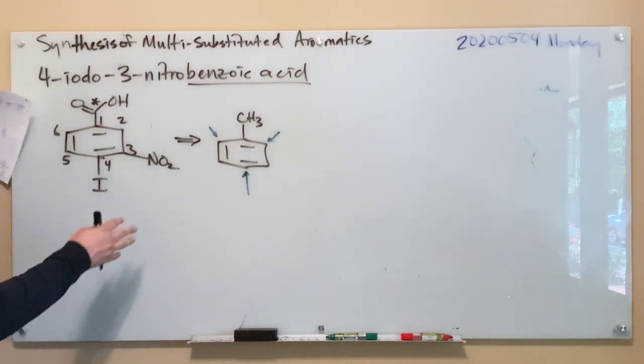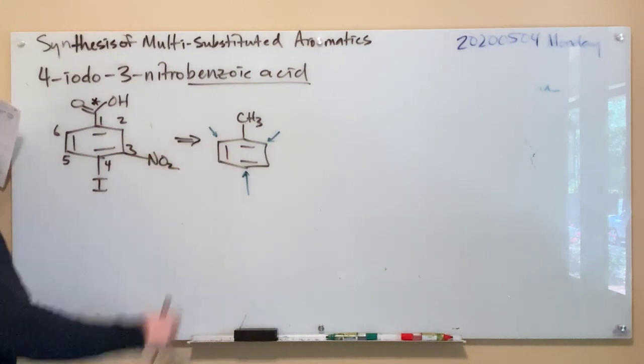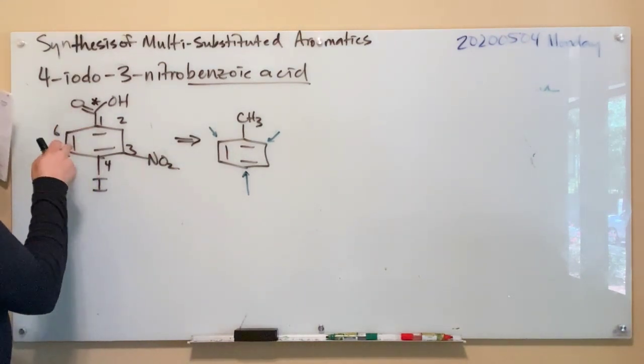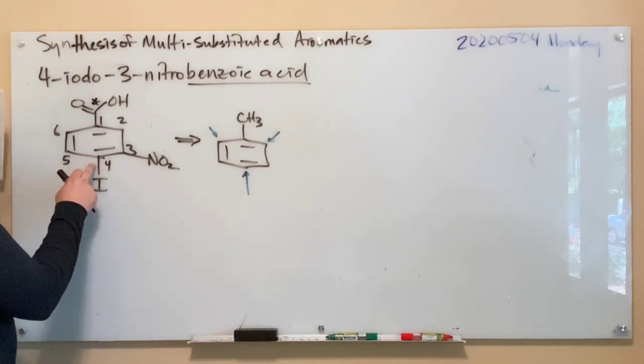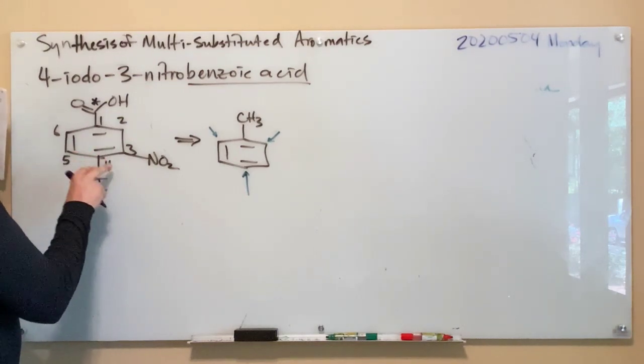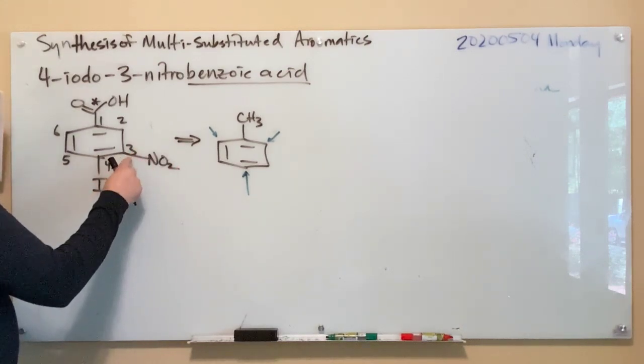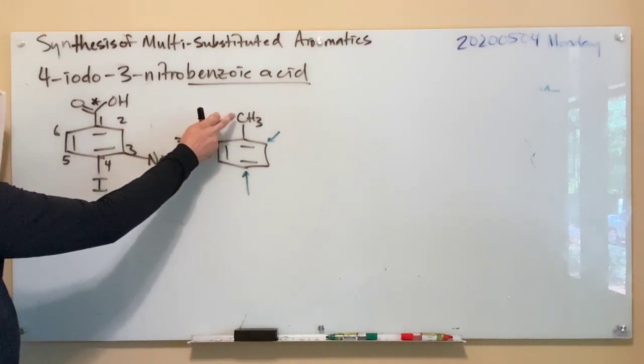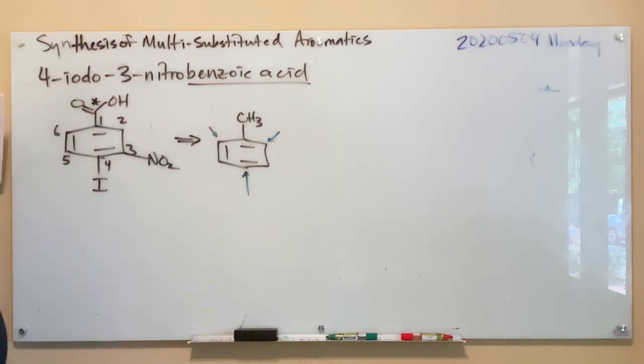So when we're looking at starting with toluene, we're basically looking to get in functionality at the 4 position first. Then we're going to have to do some stuff to direct over to this position at 3, and then ultimately do a functional group transformation of methyl into the acid.